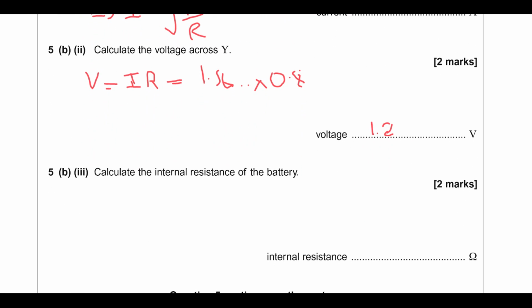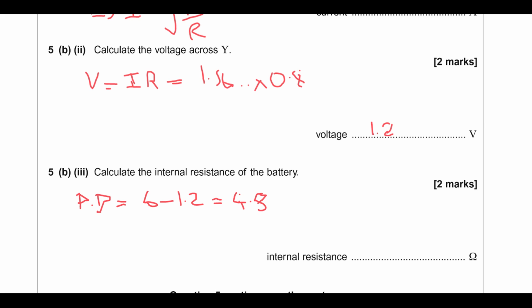Calculate the internal resistance of the battery. So we can calculate the potential difference across the internal resistance, because we know the EMF supplied is 6. We know the potential difference across the resistor is 1.2. So we know the potential difference across this is going to be 4.8.